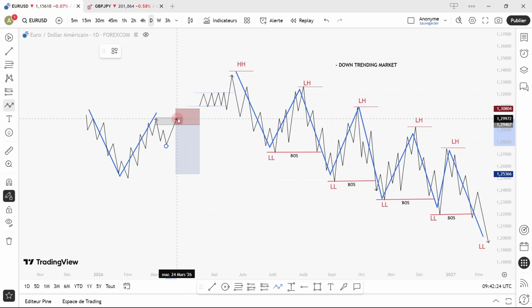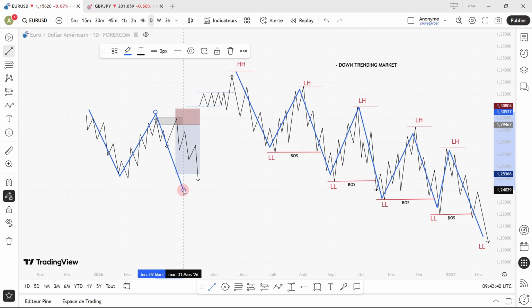It is just going to tag you in, then go ahead and break structure to the downside, putting in a higher time frame impulsive move. As simple as that.